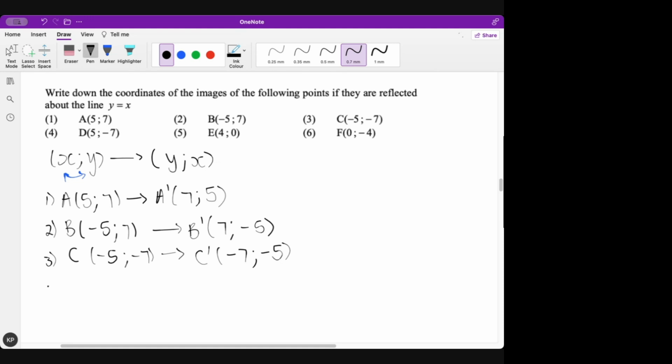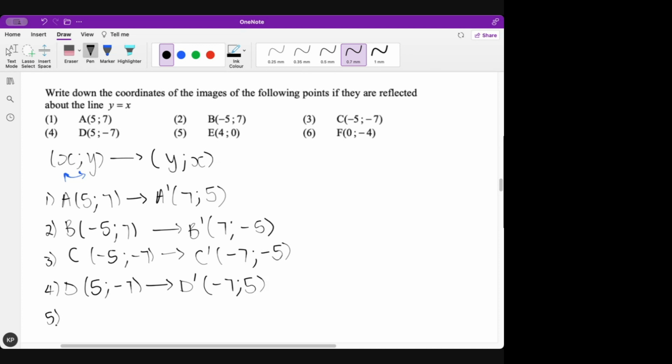The next one, which is point D, starts off at (5, -7). D prime will end up at, now there's a lot of answers. I'm not sure where I'm going here. Can I have the coordinates for D prime, please? Thank you. (-7, 5).